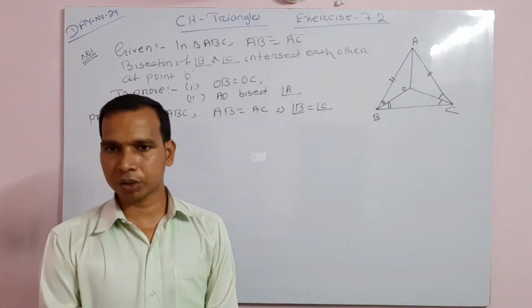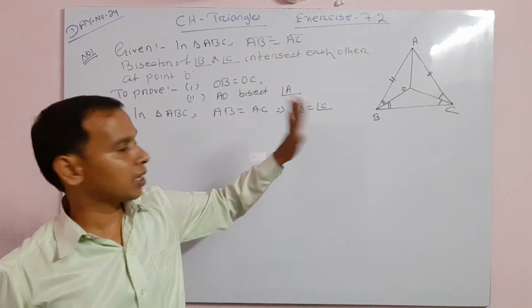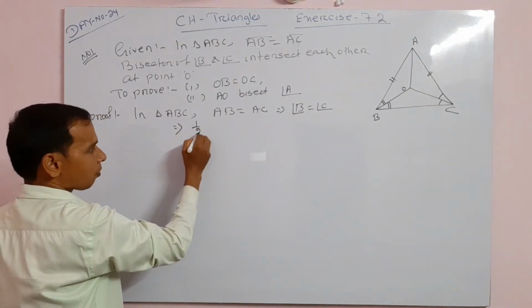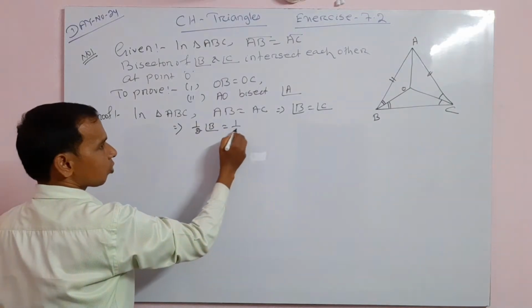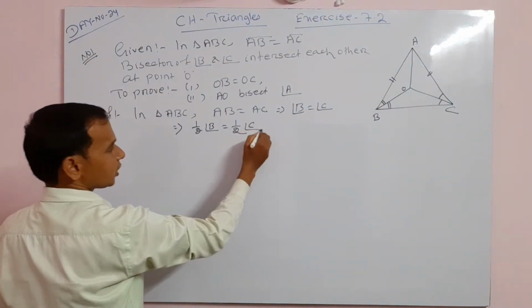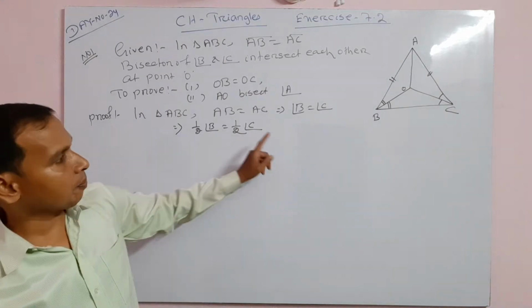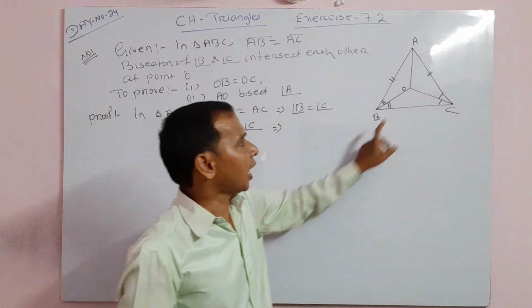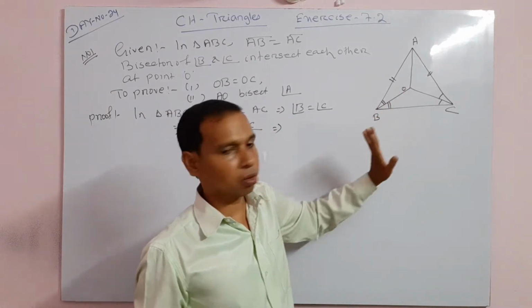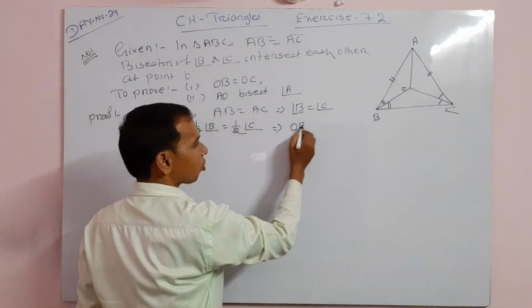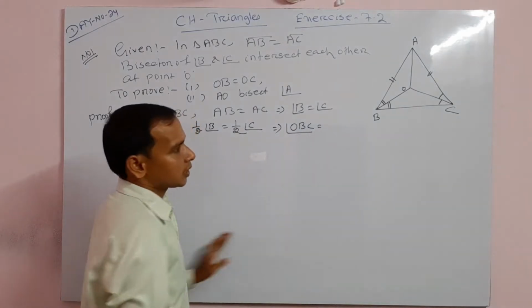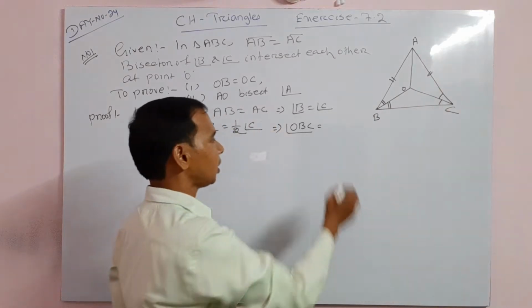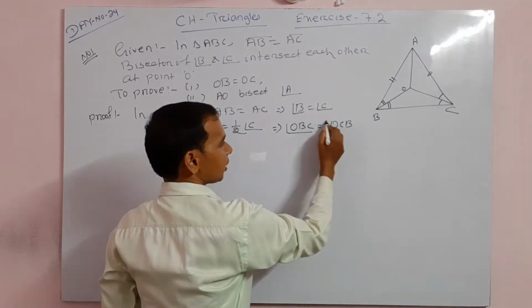So half of B angle is equal with half of C angle. Half of B angle, you take OBC angle. Same process, half of C angle, you write OCB angle.